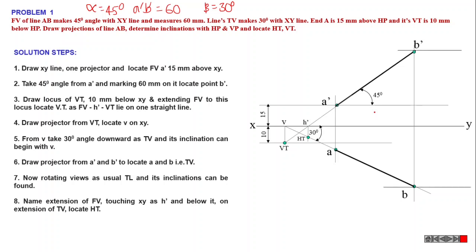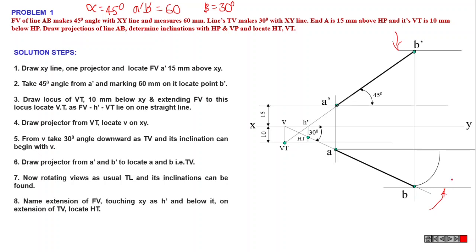We can draw the locus of top view of B and locus of front view of B. Locus of front view of B is this one, and locus of top view of B is this one.